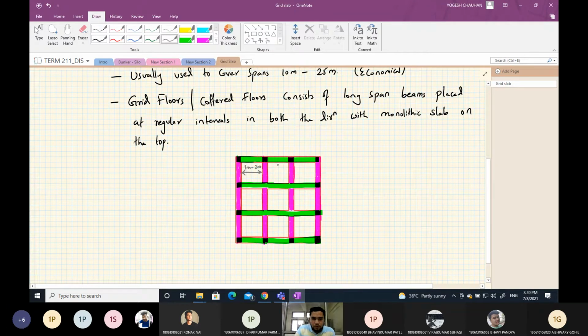Same way here also, the spacing is 1 meter to 2 meter.